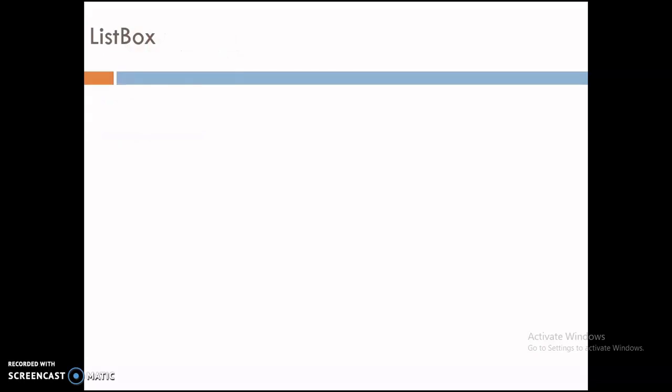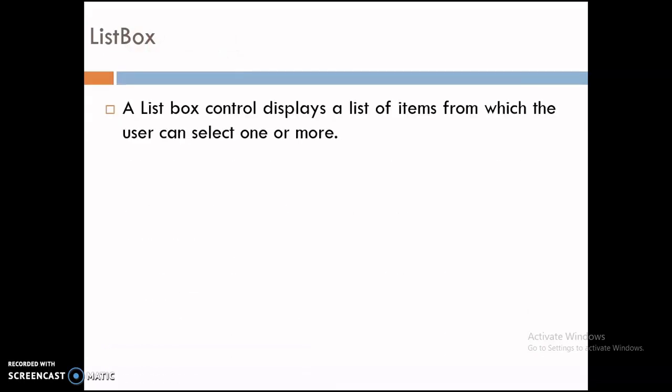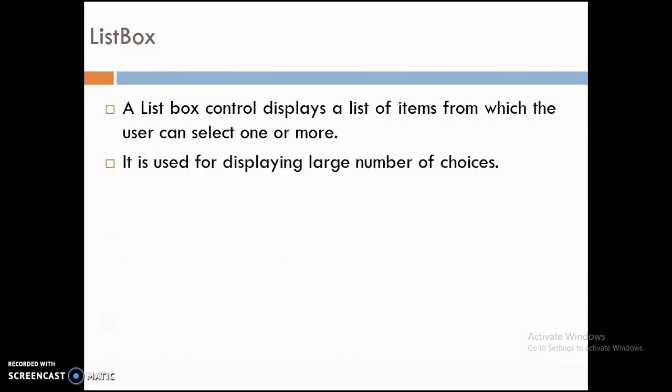Now start our session with the first control, ListBox. This control displays a list of items from which user can select one or more than one items. This control is used whenever we have a large number of choices.